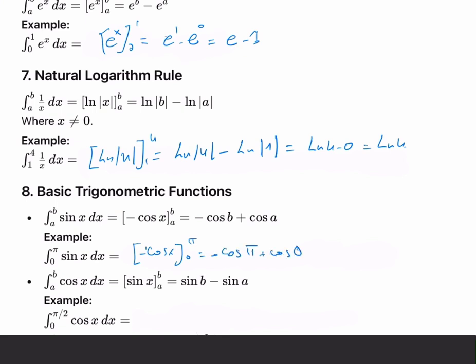You know what cos pi is, which is minus 1, and you know cos 0 is 1, so minus minus 1 plus 1 is equal to 2. Why did we write plus? Because it's minus minus cos 0, which gives us a plus cos directly.